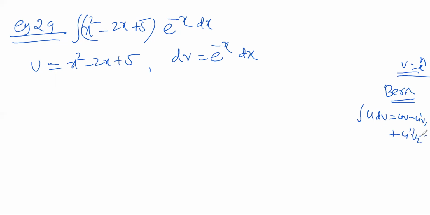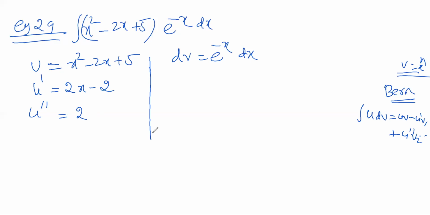Okay, u, this one. Next we need u dash. Find out u dash. What is u dash? 2x minus 2. And once again you go for u double dash. u double dash is equal to what? 2. And u triple dash is equal to 0. Right? So we stop till u double dash. And in the same way, for this integration section, we'll do till v2.